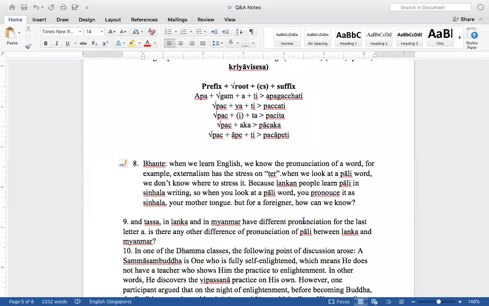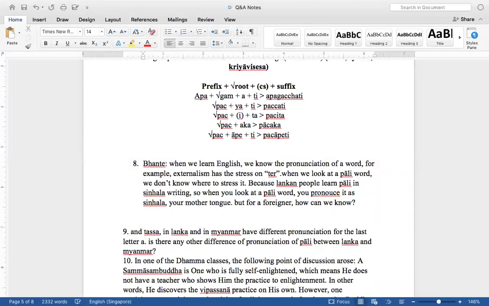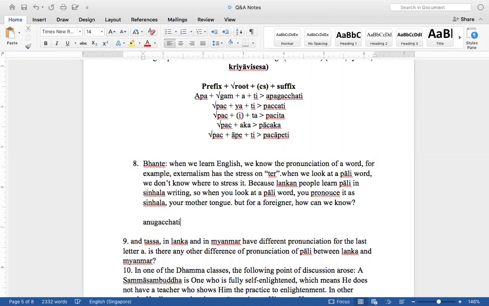Therefore I'm unable to give an answer on how stress works. If you take anugachati, traditionally, as I grew up with this language, if you stress upon anu, or upon ga, or upon cha, it doesn't make any difference in the meaning. So whether you say anugachati or anugachati, a Pali reader would always understand this, to my knowledge.